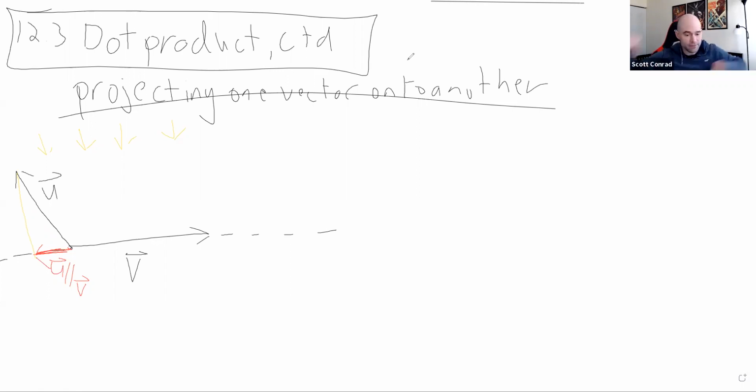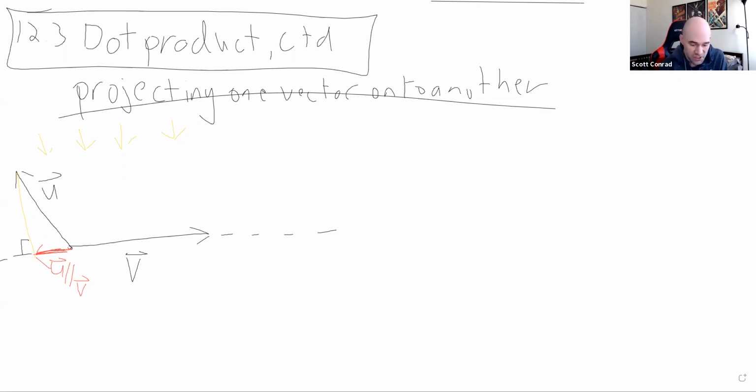So think of the line containing V. If you look at the shadow of U onto V, if you have a light source kind of shining orthogonally down, oh my God, why is it doing that constantly? Orthogonally down onto V, just at a right angle.